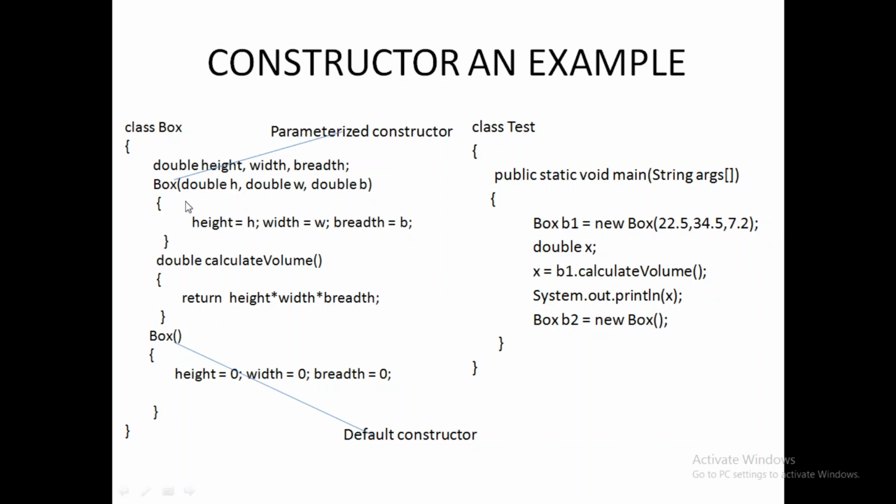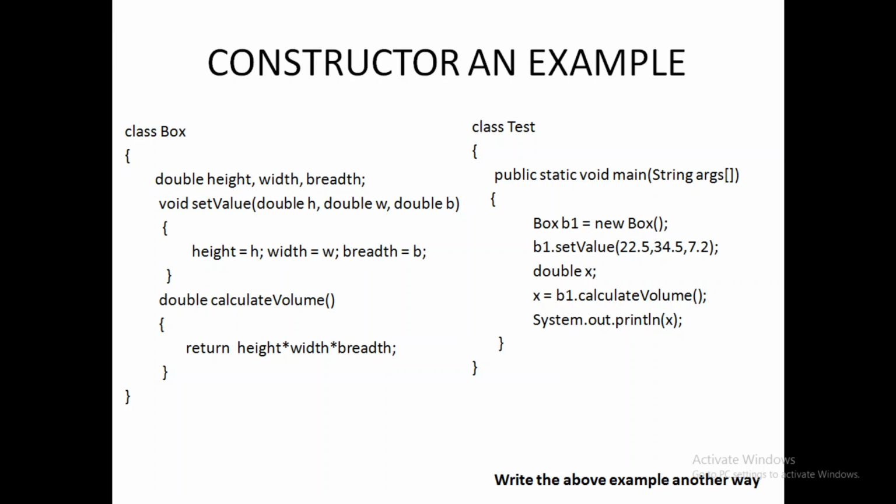As you can see here, I have created two new methods with the same name as the class name. One method consists of three parameters, one method does not consist of any parameter, and I have removed the set value method which was earlier there in the Box class.